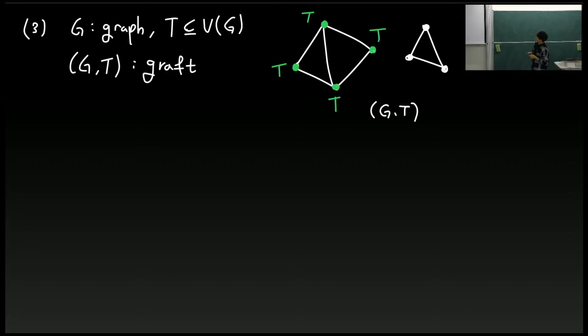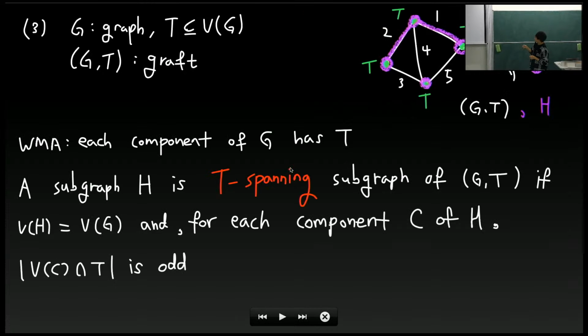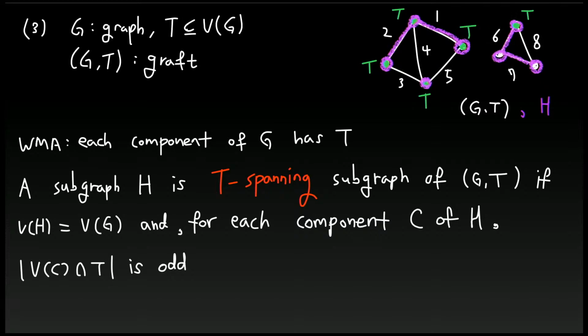The third example comes from graphs. A graph with a subset is a pair of a graph G and a subset T of V(G). You can visualize it like this. And we may assume that each component of G has at least one vertex of T for simplicity. Now we define a specific kind of subgraph, which is called a T-spanning subgraph.